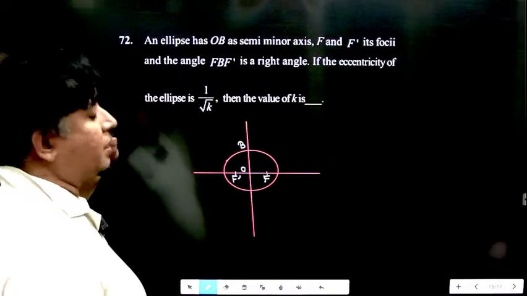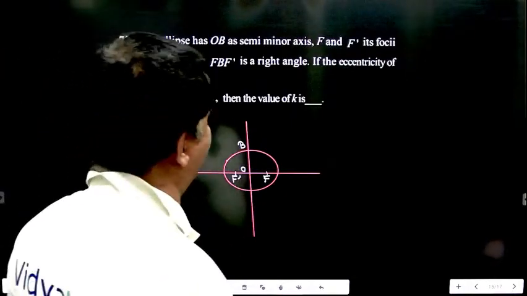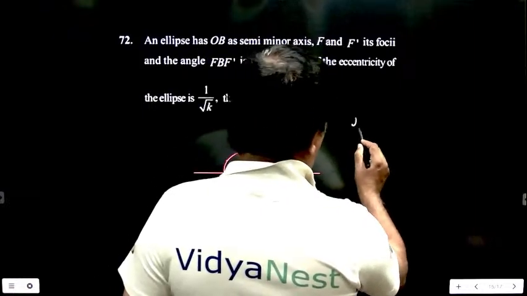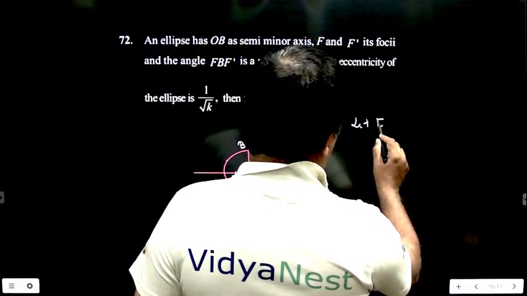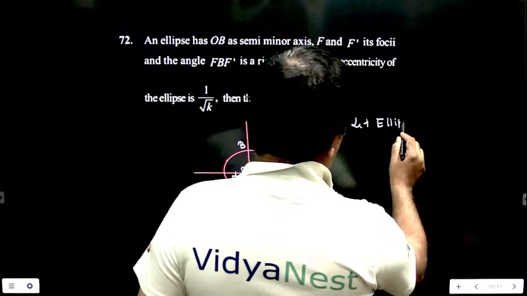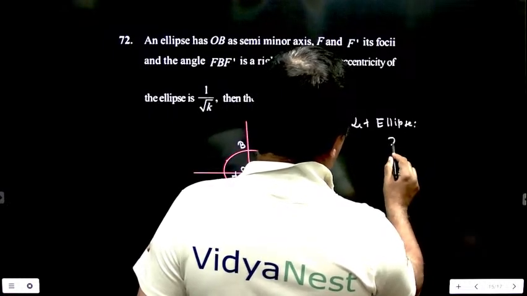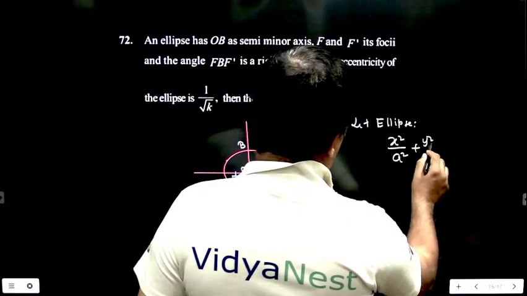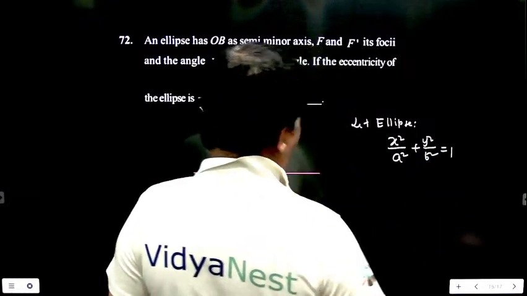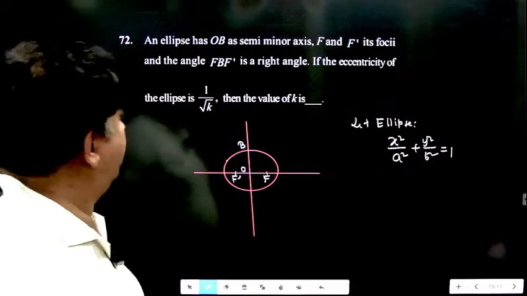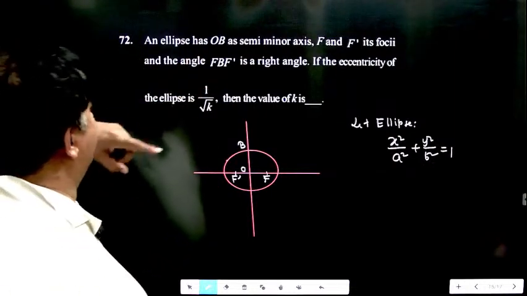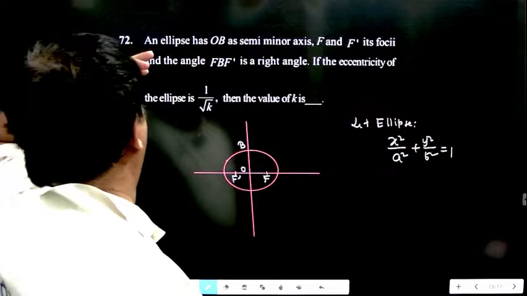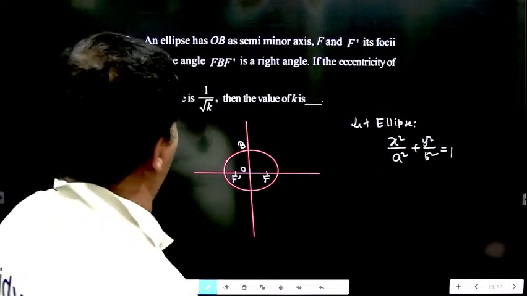Even the equation of the ellipse is not given, so I can consider the ellipse x square by a square plus y square by b square is equal to 1. Now, the ellipse has OB as semi-minor axis.